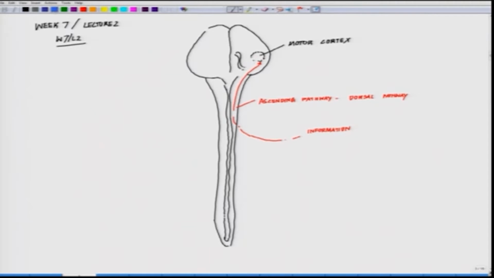At the motor cortex, there is a certain degree of processing of that information. In a specific zone, in this case when we talk about Parkinson's disease, there is a certain degree of processing which takes place, and from here there are certain neurons which have projections like this onto the ventral horn. Okay.